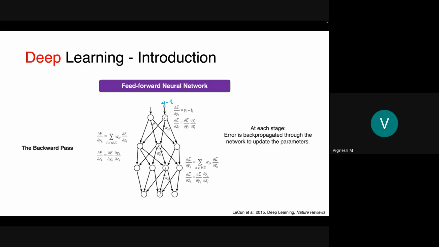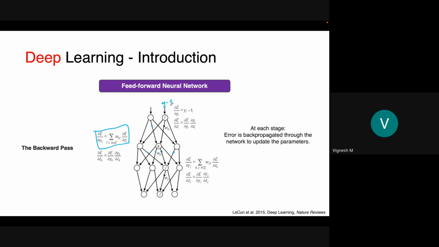Similarly, you will get an error here, right? For these 2 neurons, you sum those 2 up, and that will be the error at this point. Okay, if that is the error at this point, you push it through this node, that is the gradient of this node, then you get an error here and here. Now you sum these errors up, that is the error at this node. So this is how backpropagation works.